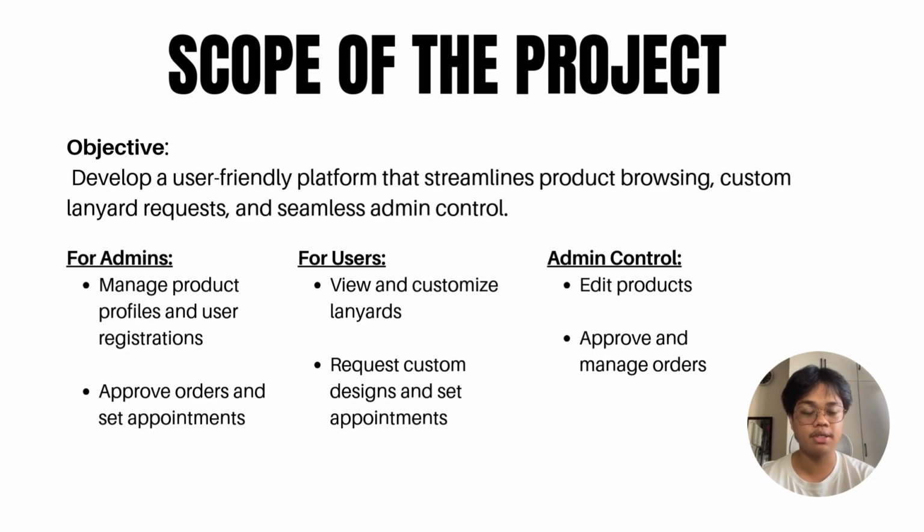For the administrators, the system should include product management, user management, order approval, appointment scheduling, and dashboard-based monitoring. Admins also have full control to edit products and manage all transactions. So the goal is to centralize operations into one integrated platform for efficient order handling and smoother communication.